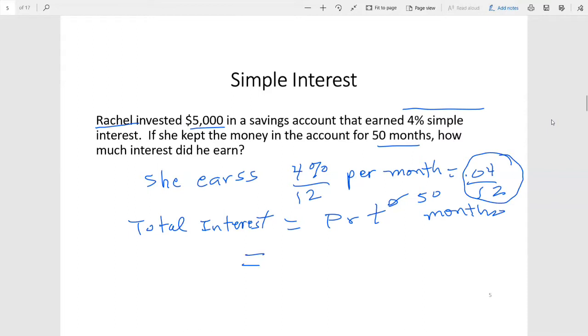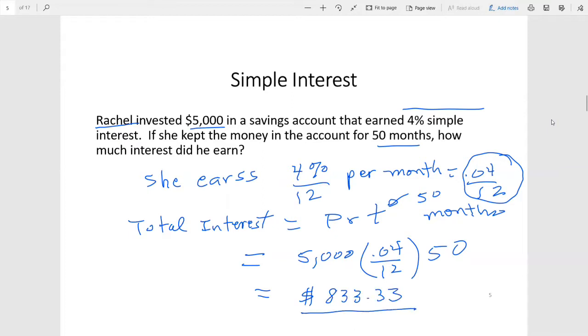So the principal is 5,000. The rate is 0.04 divided by 12. And the time is 50 months. Multiplying all this out, you get $833.33 is the amount of interest you will make over a period of 50 months.